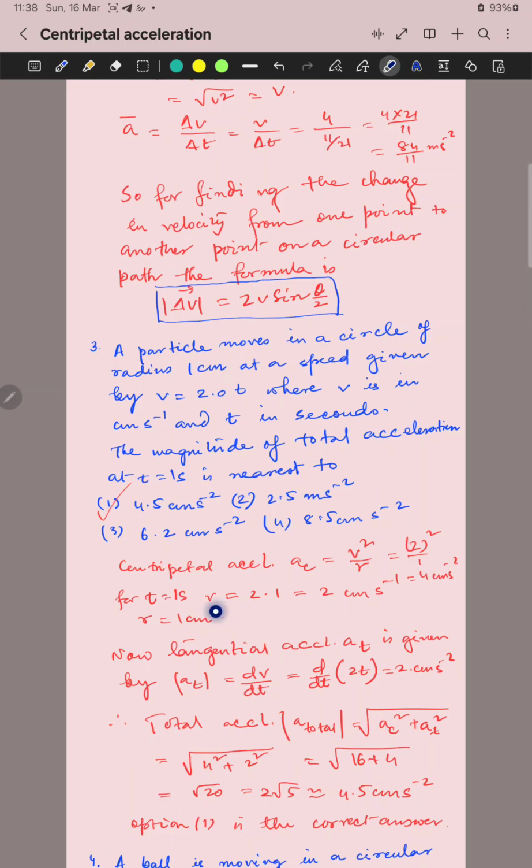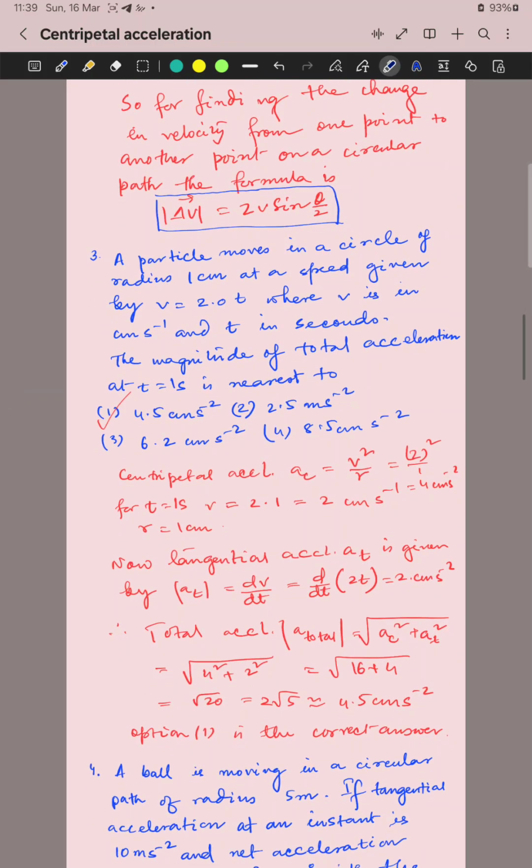So here you can see I have calculated the value of the speed, that is the magnitude of the velocity, using the given relation v equals 2t. In place of t, as they have said t equals 1 second, I have put 1, so 2 centimeter per second, and putting this v value in the equation for a_c, we get the centripetal acceleration to be 4 centimeter per second square.